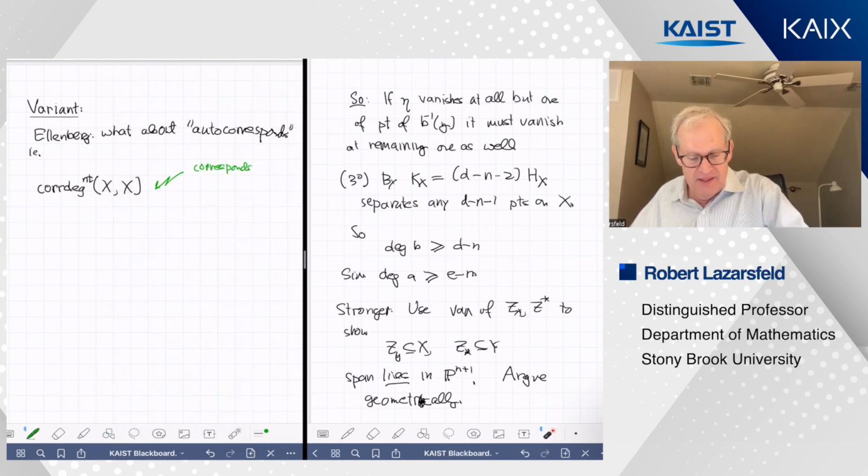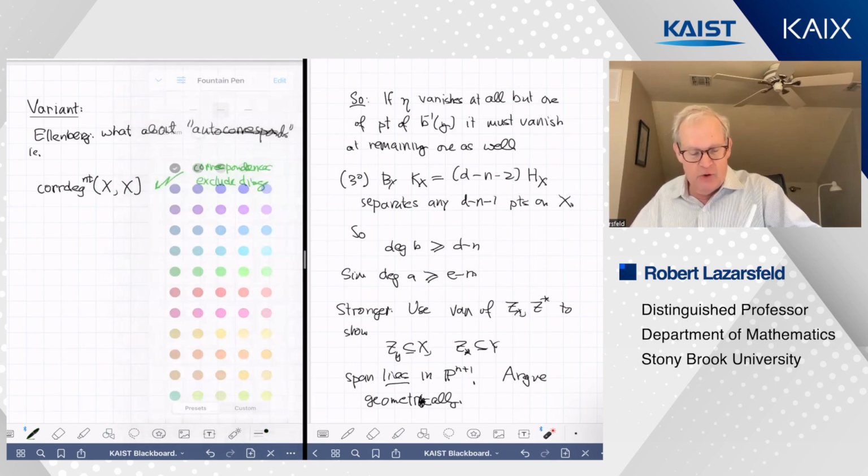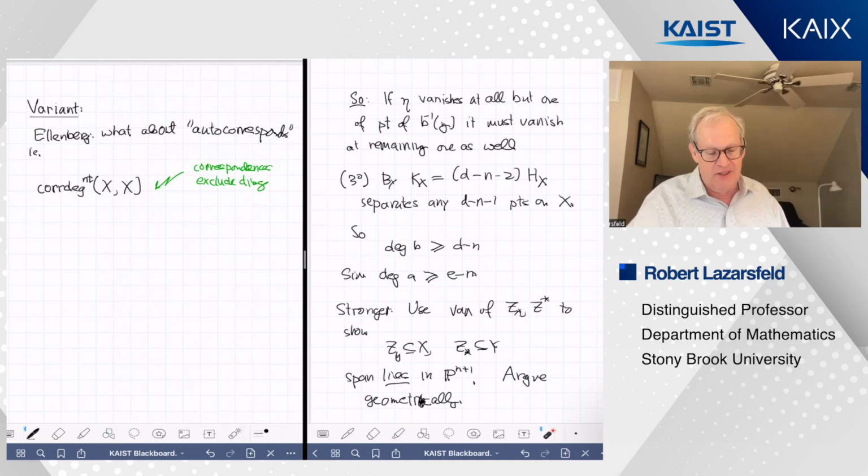Any variety has the identity map to itself, which would give a correspondence degree of 1. So the question is, are there any interesting correspondences from X to itself? What can you say about correspondences between X and itself when you throw away the identity?